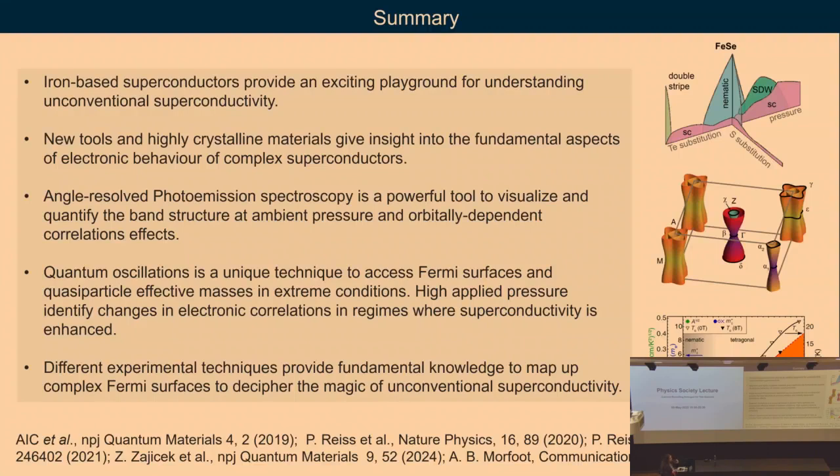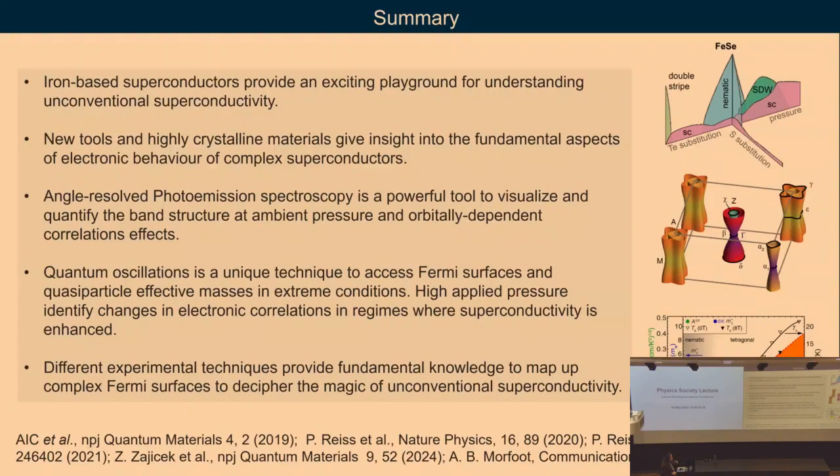Different tools obviously give us different insight on the behavior of these materials, and in our group we have developed quite a large range of tools to allow us to do this. Obviously we use angle-resolved photoemission spectroscopy, which works very well at ambient pressure. It works very well if the samples can be cleaved and you have very shiny surfaces.